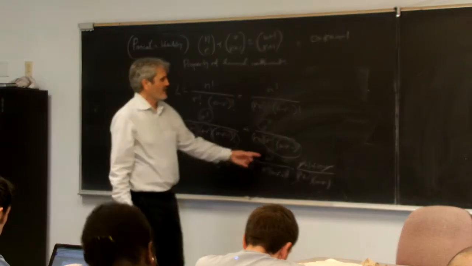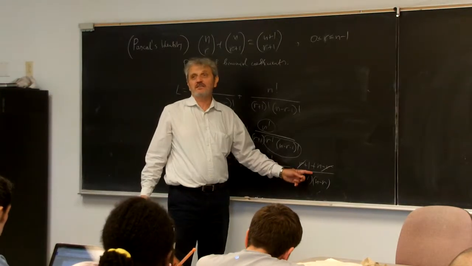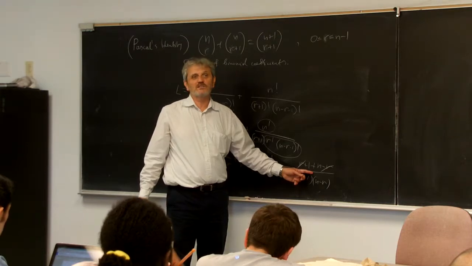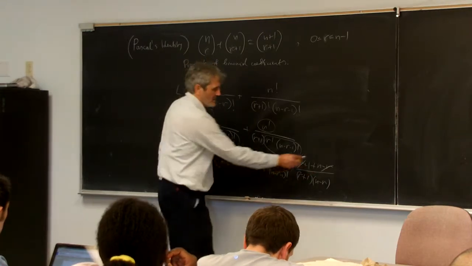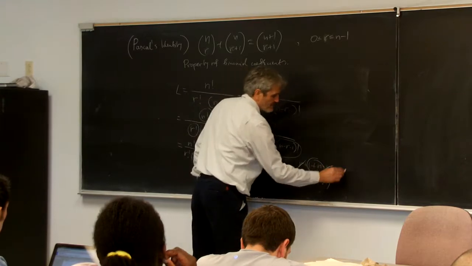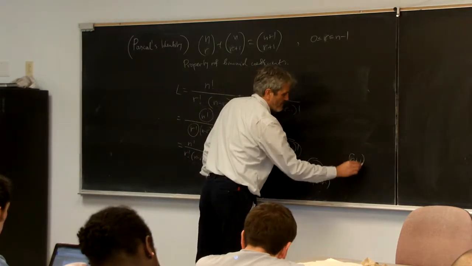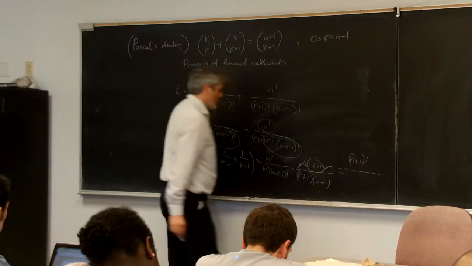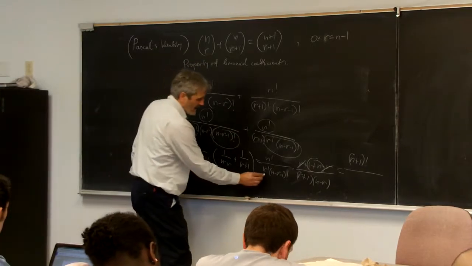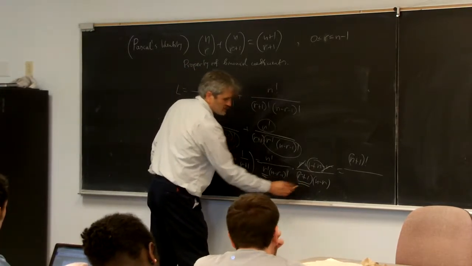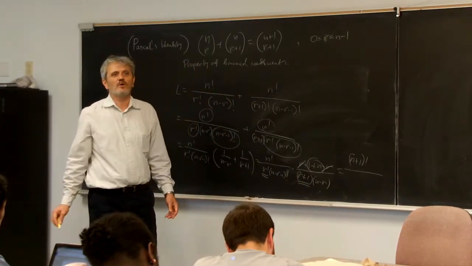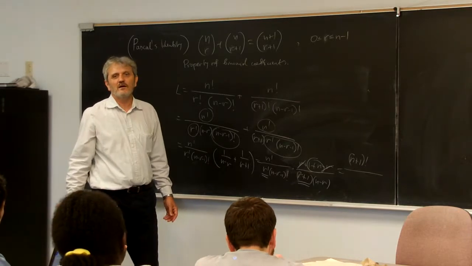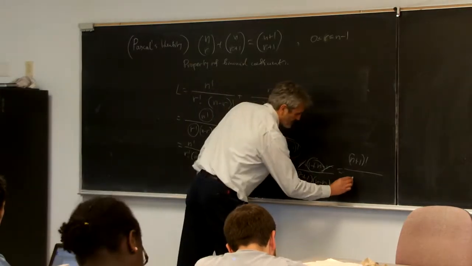So what is this? N factorial times exactly the next member, n plus 1. What is that? N plus 1 factorial. What about on the bottom? The same story. R factorial and this r plus 1, which is just the next member, is what? R plus 1 factorial.